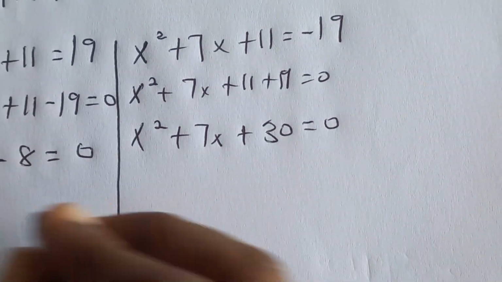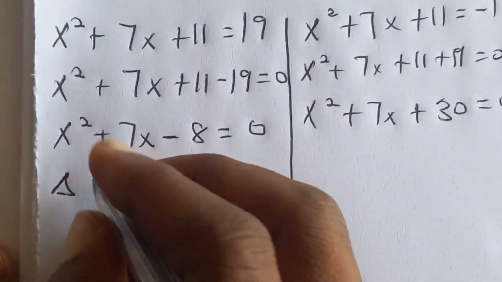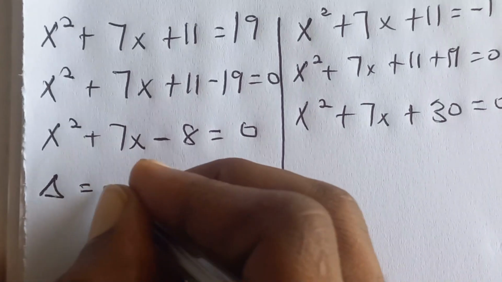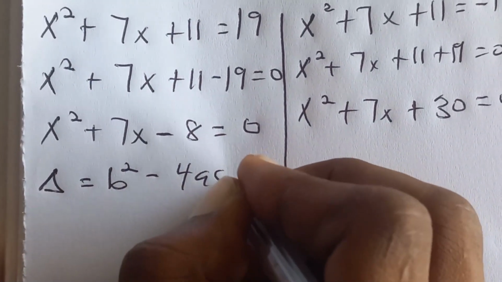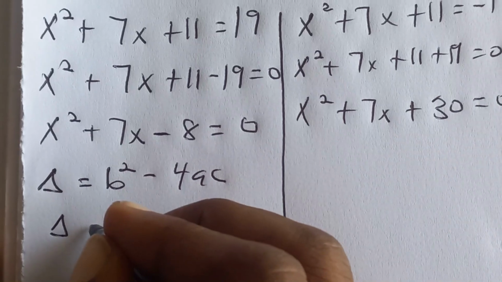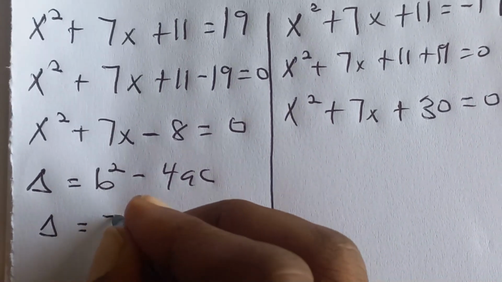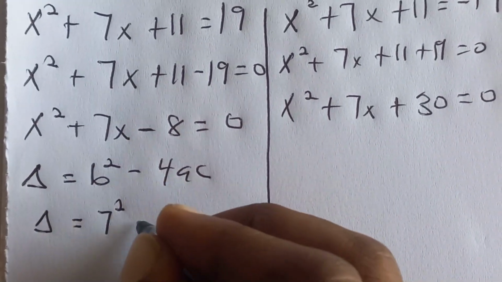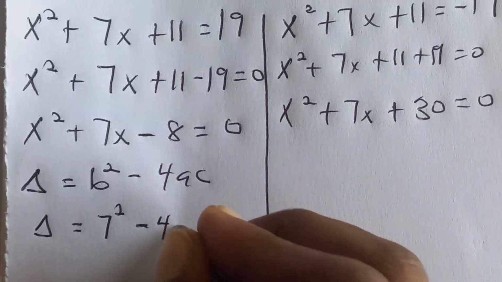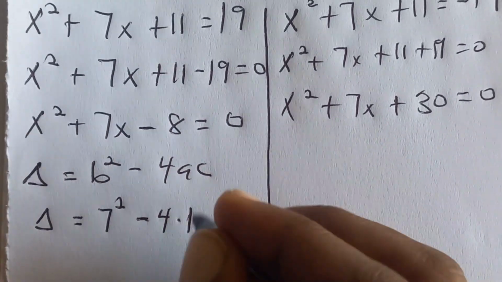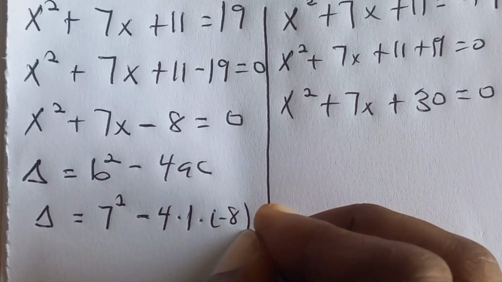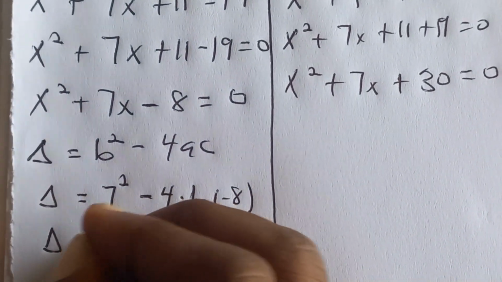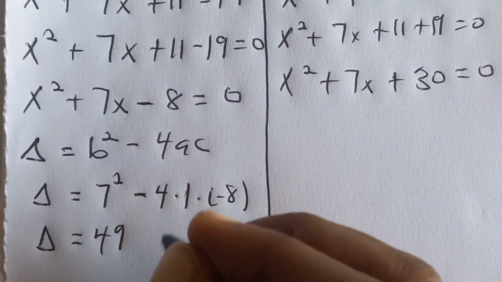So taking the discriminant, which is b squared minus 4ac, then our b is 7. So 7 squared minus 4 multiplied by 1 multiplied by c, which is negative 8. 7 squared is 49.